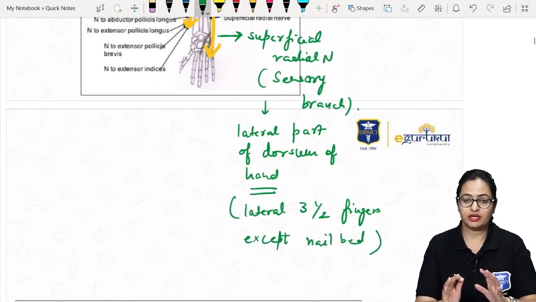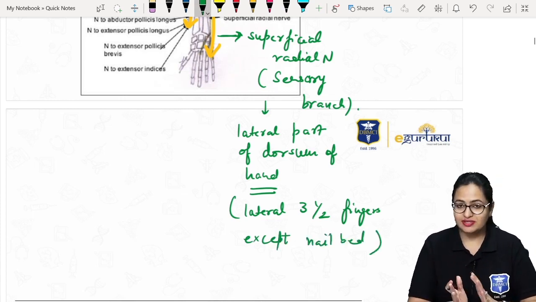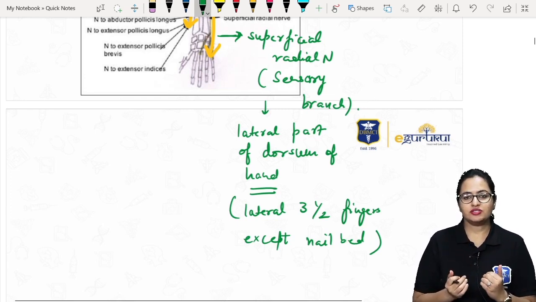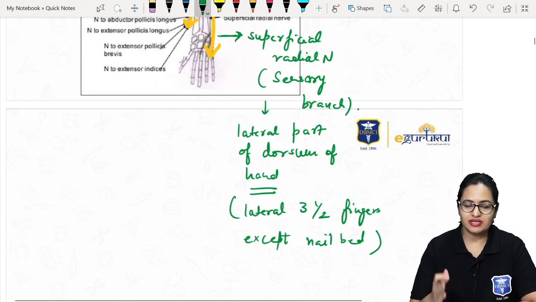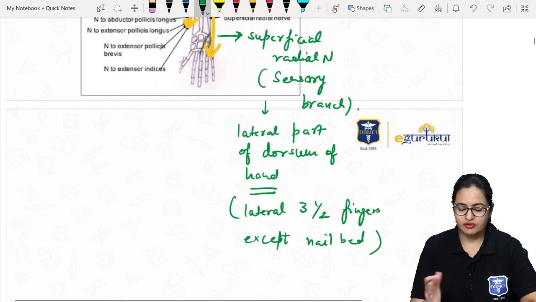The nail beds towards the lateral 3.5 fingers are supplied by the median nerve, and the rest of the fingers towards the dorsum side is being supplied by the superficial radial nerve, which is a branch of radial nerve itself.